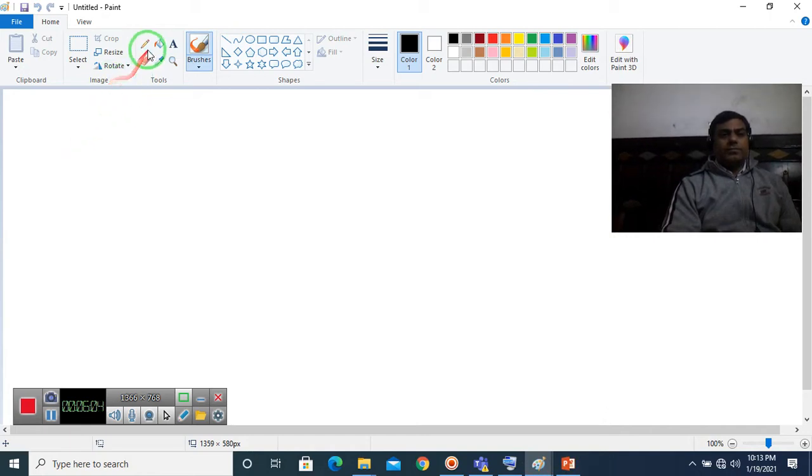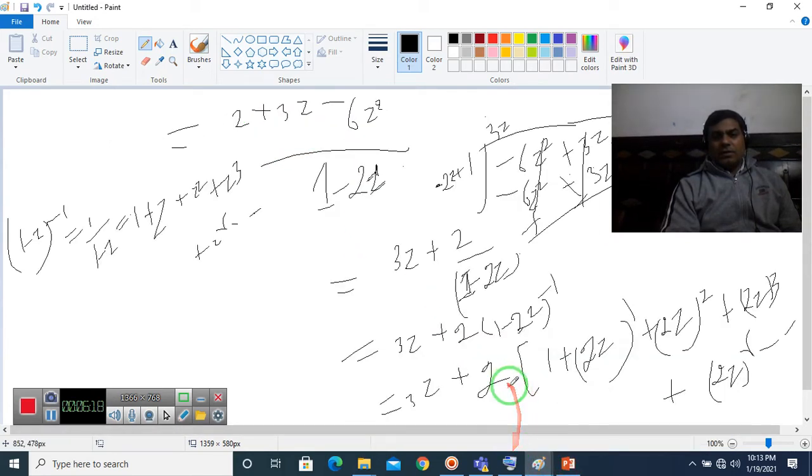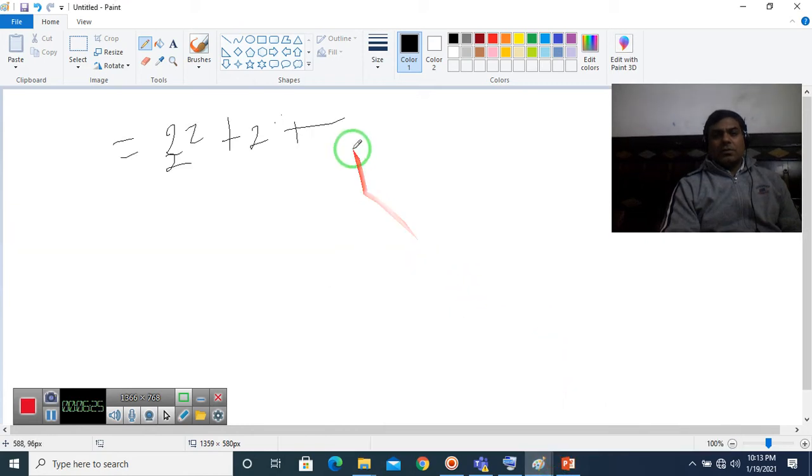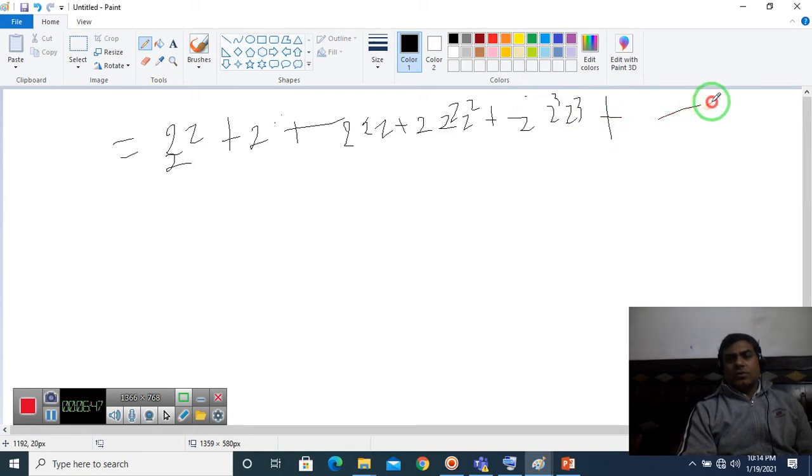Then you will get 3z plus 2 into 1 plus 2z plus 2 square z square plus 2 cube z cube plus dot dot dot 2 to the power r z to the power r.